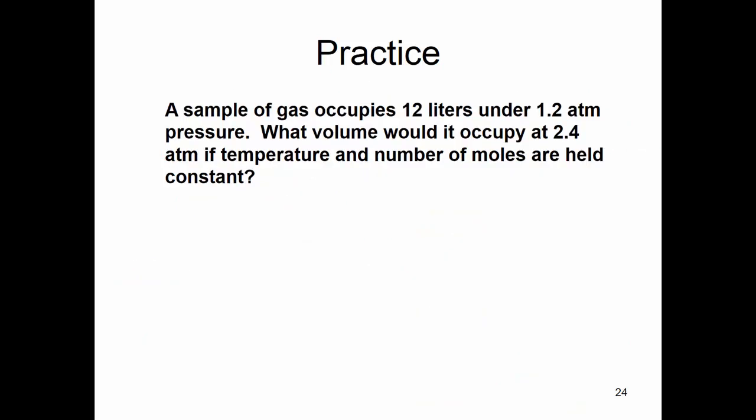All right, and now I'm quickly going to show you how you can use the combined gas law for all of your problems so far with Boyle's law, Charles' law, Gay-Lussac's law, and it just helps with memorization purposes. So if we know our combined gas law, P1 V1 T2 equals P2 V2 T1, and like I said, I like the linear version.